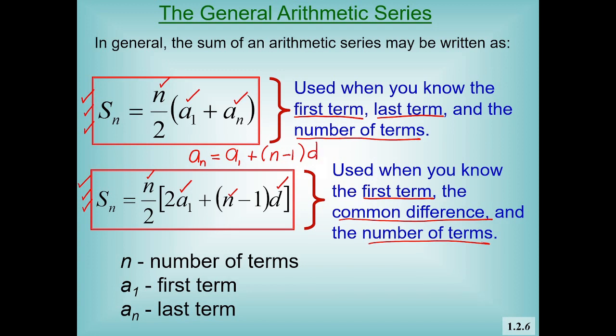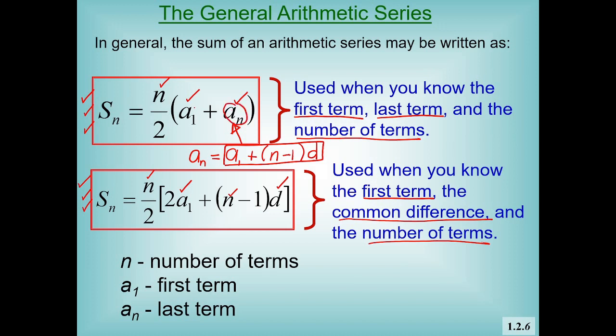Okay. What if I'm going to be substituting this one over here? Because that's A sub n. So I'm going to be writing A sub 1 plus n minus 1 times d over here.